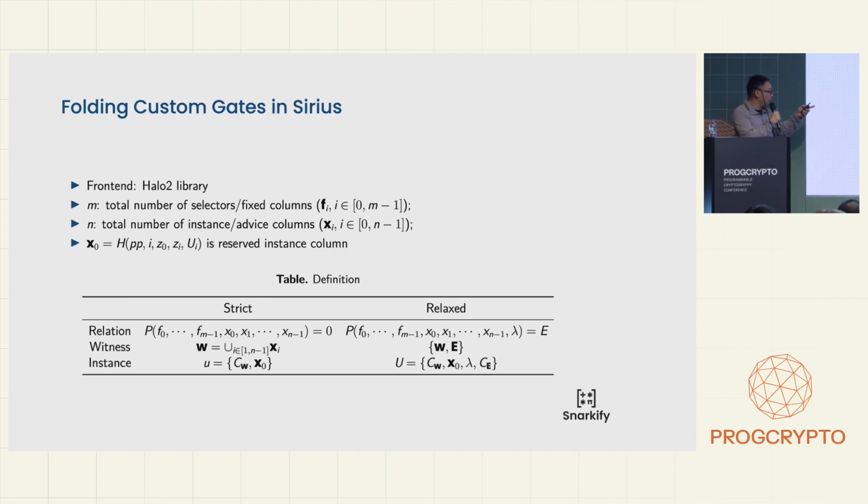So here, this is what I call the strict relation. It's just a custom gate satisfied by the Plonk's relation. And the witness is just the concatenation of all the advice columns. And the instance here is basically the commitment of the witness, and also the X0 here is where we capture all of the previous IVC circuit information using a hash.